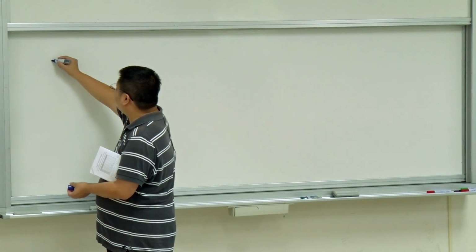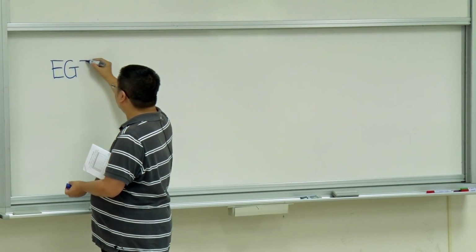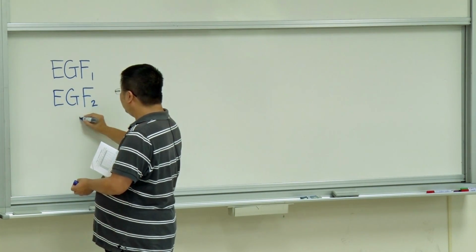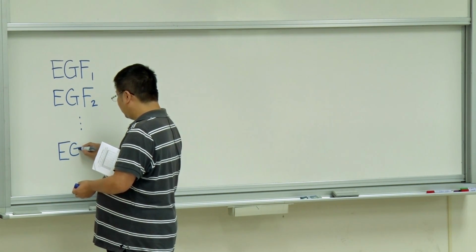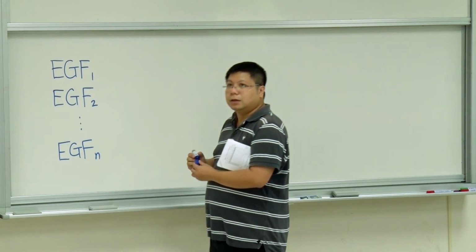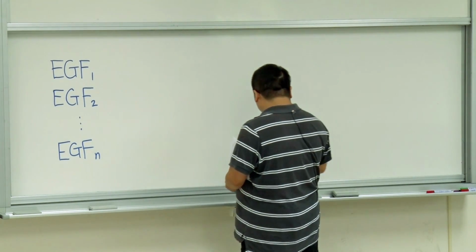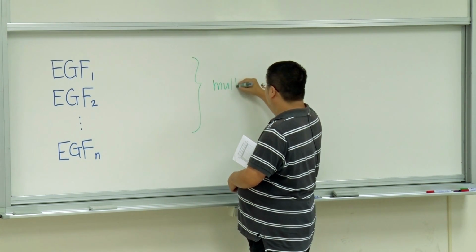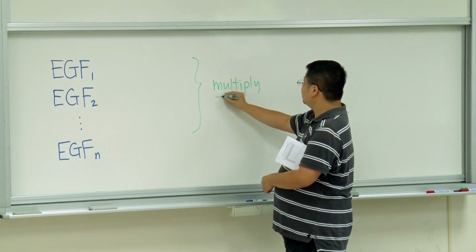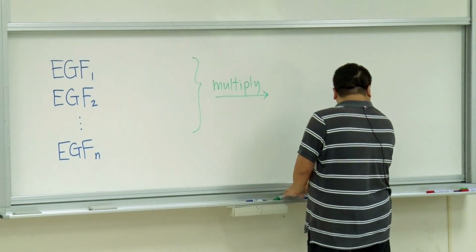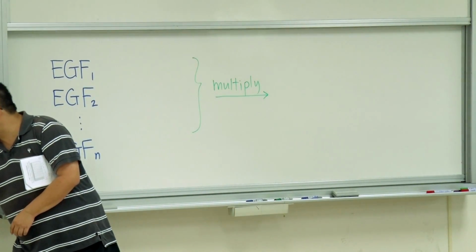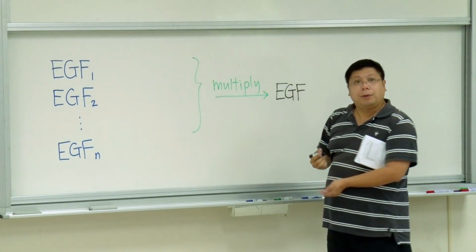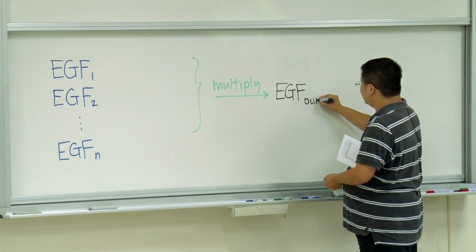So we are going to have an EGF for 1, and then an EGF for 2, and then an EGF for n. When we have specified the EGF of them, we multiply them together, and we will get an EGF for our problem.